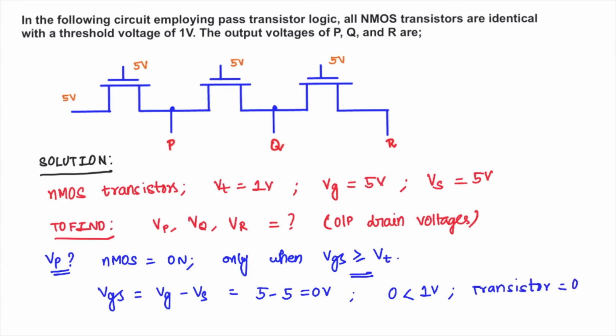is in off condition. If the transistor is in off condition, we know that it will try to retain the previous value. What previous value will it have? It will have 4 volts, because the source voltage is going to increase from 1, 2, 3, 4 and then only to 5 volts. If the source voltage were 4 volts, 5 minus 4 would have been 1 volt.